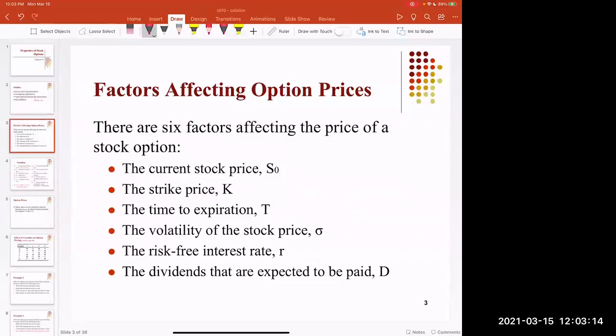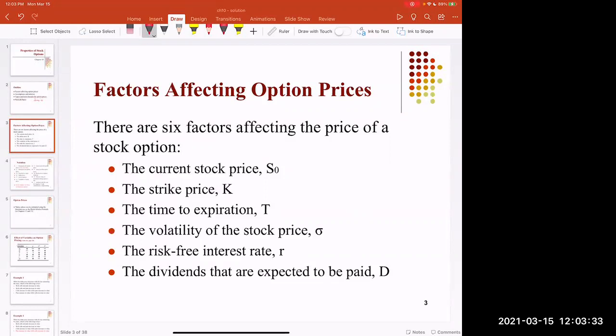First, factors affecting option price. There are 6 factors affecting the price of a stock option. Before class, I hope you read the book so you understand the background information, not just based on the slides in class.